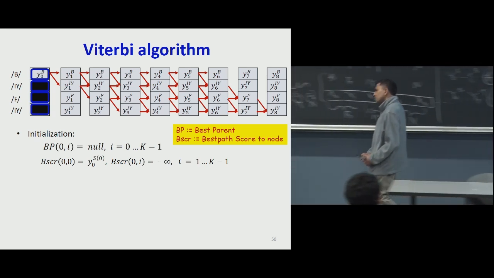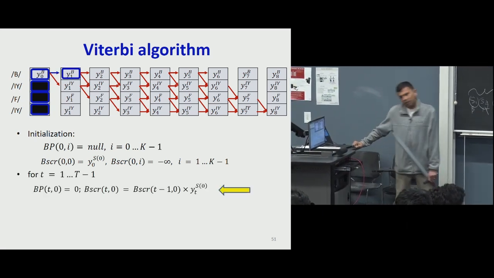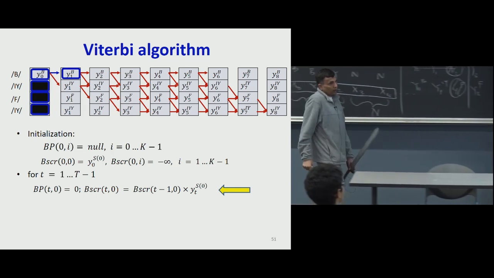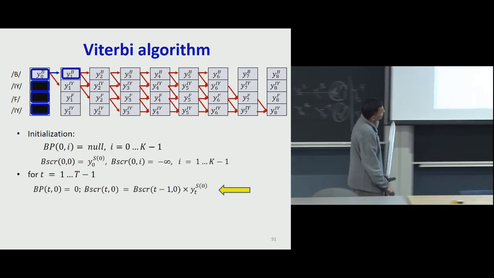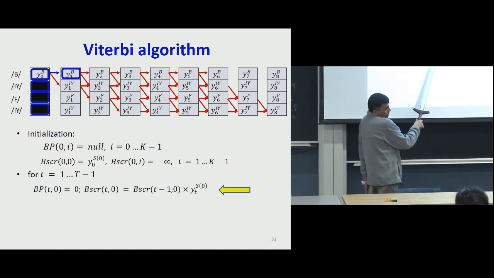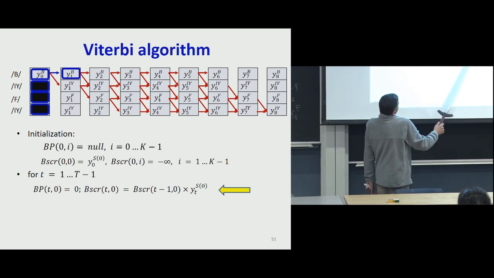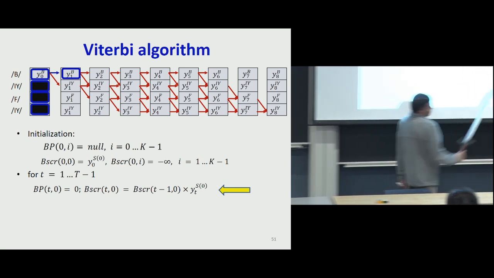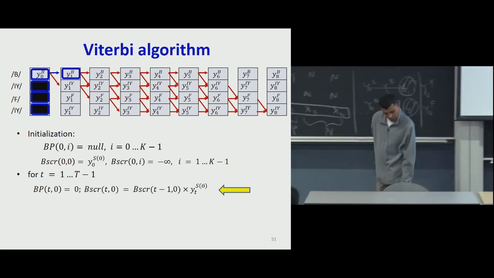Now, as you go down time, the row on top is kind of special because the row on top only has one parent going backwards. So the best parent for the guy on the row on top simply remains row 0, right? And the score is simply going to be the score on the same row at the previous time times the probability assigned to that symbol at the current time.